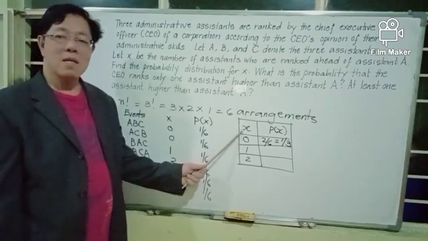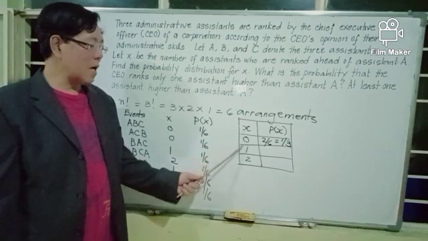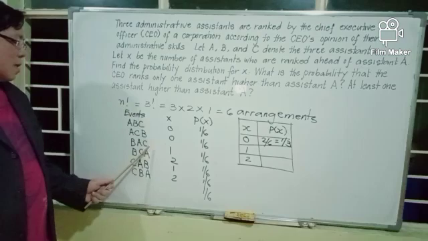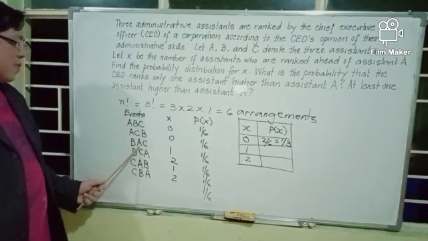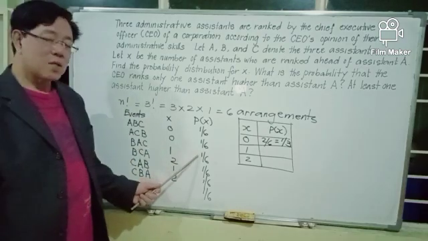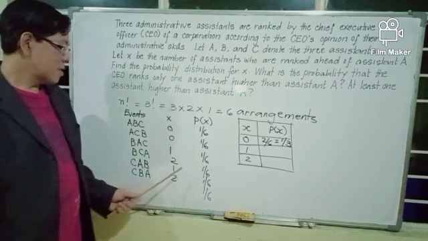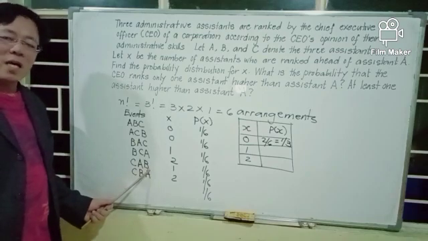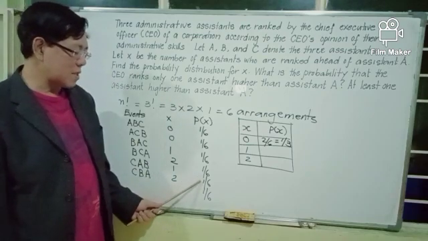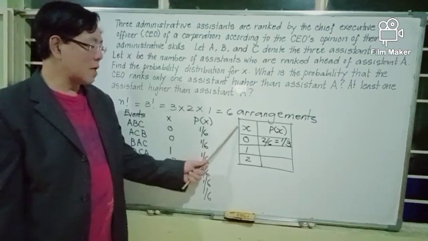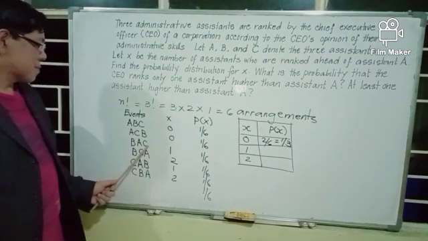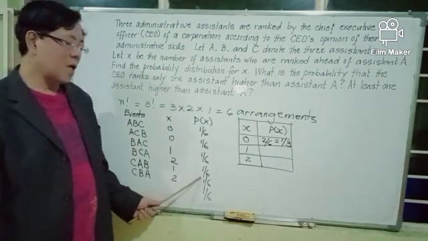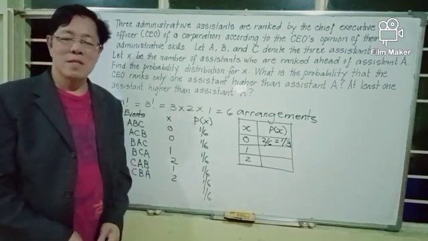Thus, the probability that x is 1 is equal to the probability that x is 1 for this event BAC, which is 1 over 6, plus the probability that x is 1 for this event CAB, which is also 1 over 6. Thus, the probability that x is 1 equals 1 over 6 plus 1 over 6, or 2 over 6 or 1/3.